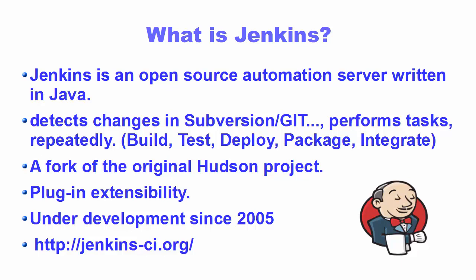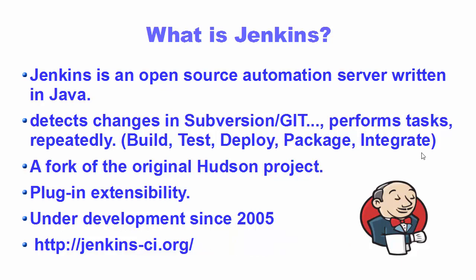Oracle continued the development of Hudson as a branch of the original, and Jenkins became the fork of Hudson. You can find more about Jenkins on jenkins-ci.org, but nowadays this website has been transferred to jenkins.io. So if you enter this URL in your browser, it will be redirected to jenkins.io.